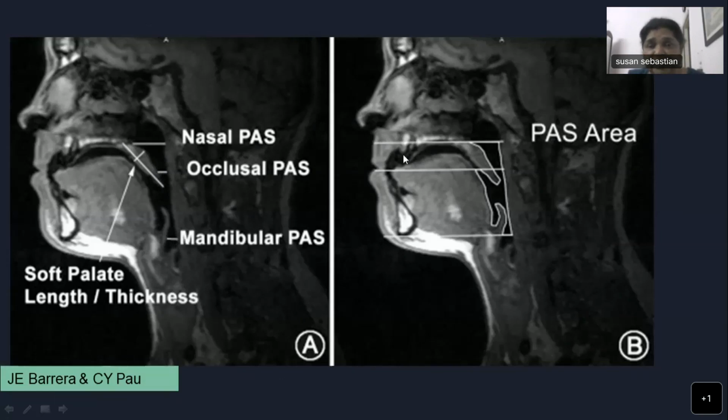So in effect, this is the space from the nasal plane to the mandibular plane. The posterior airway space between these two is to be examined thoroughly on a radiological evaluation.